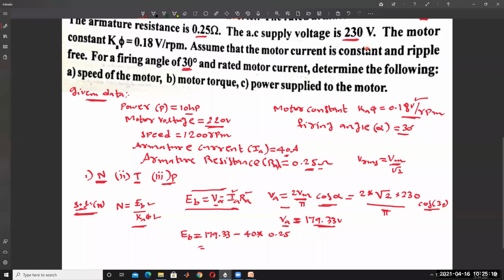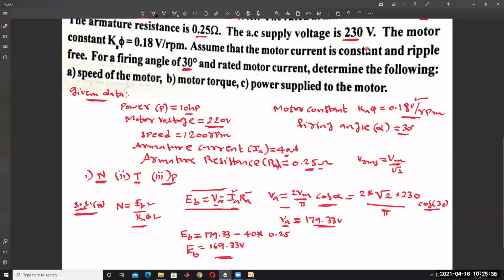So how much here? 169.33 volts. It's called back EMF. Yeah, back EMF is known.